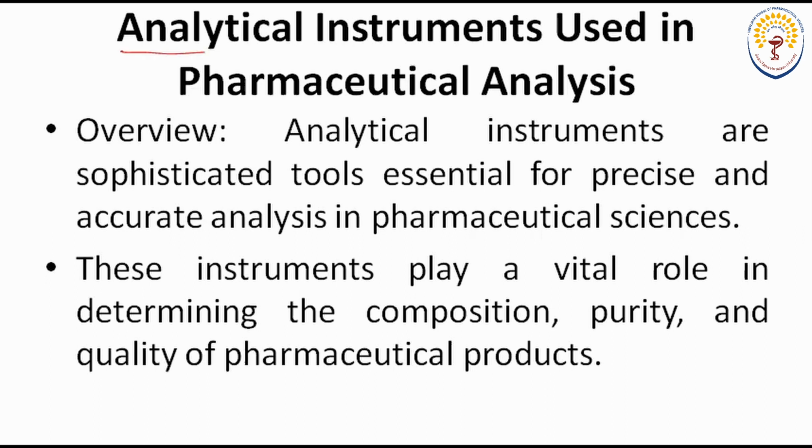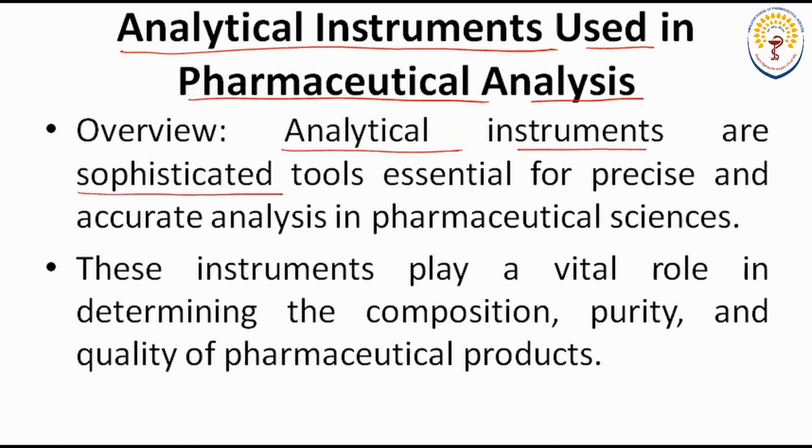Now we are studying the analytical instruments which are used in pharmaceutical analysis. Now, what are these analytical instruments? These analytical instruments are actually sophisticated tools which are obviously more precise. They are highly sensitive, more precise, they perform accurate analysis, and this makes our analysis more sensitive and selective.